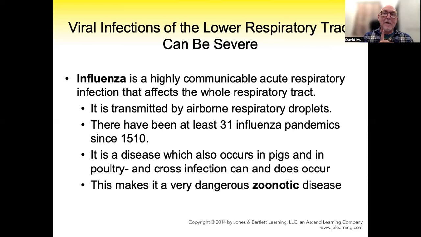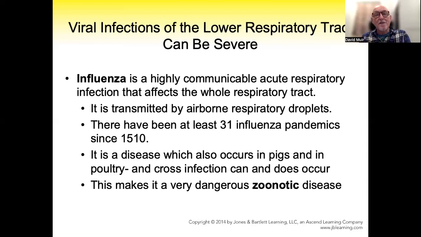The influenza viruses are in fact zoonotic diseases. And that is because there are three major reservoirs for the virus, and they are human beings, pigs, and poultry. And the virus can move between those three reservoirs. So it is our most important zoonotic disease and one of the most important human diseases because it has a huge influence on human mortality.